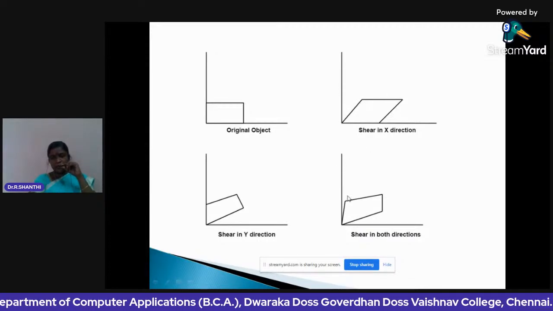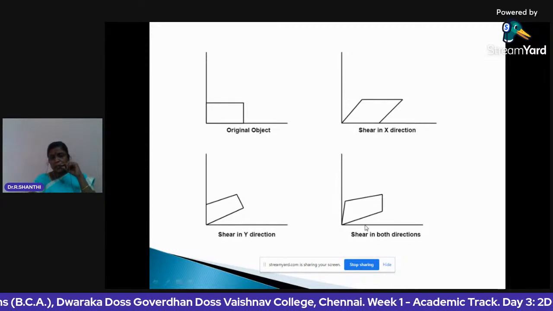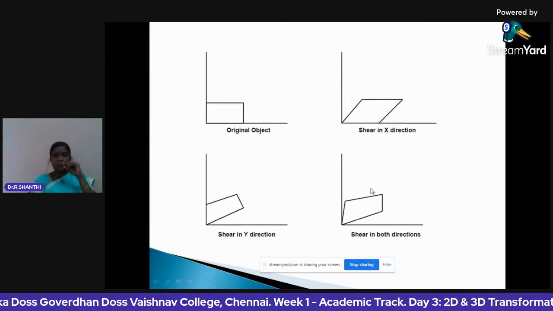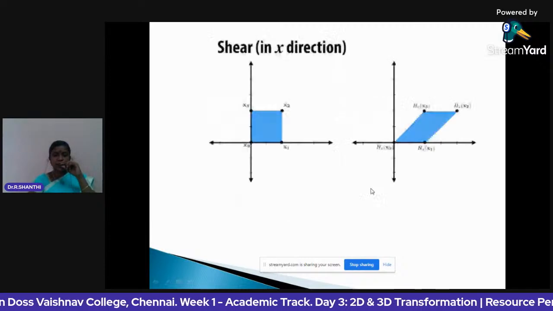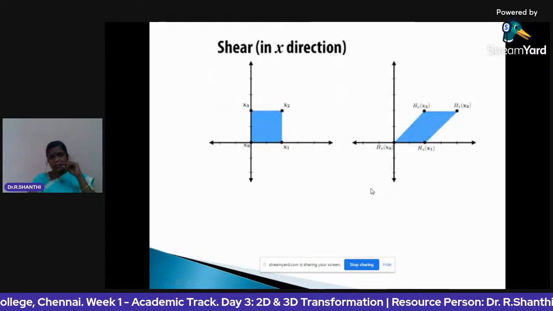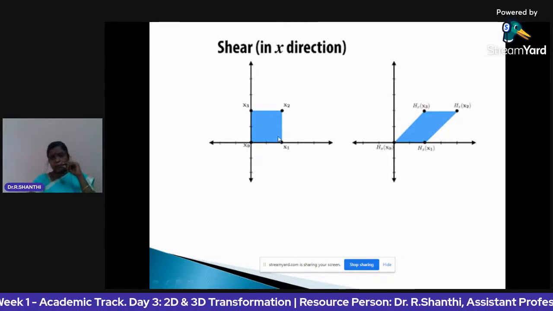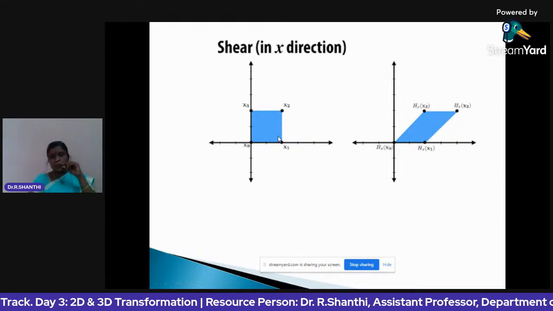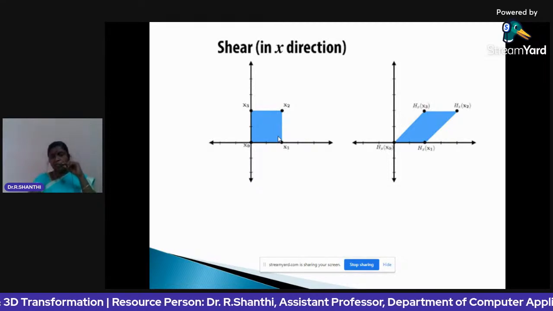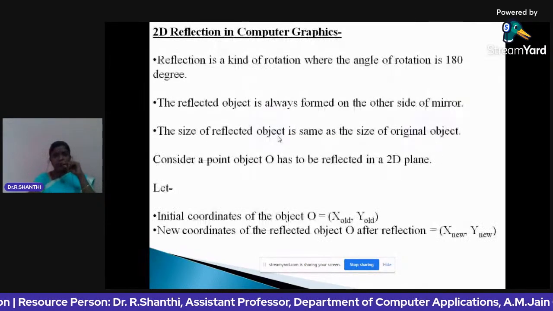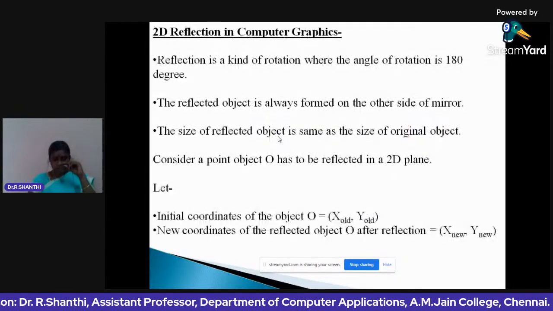Only the x value gets changed here. In the y direction, the x is not disturbed at any cost. Here you are disturbing the object in both, you put together x and y. This is for the x direction, where the object is a square, which seems to appear like a rectangle. It's a parallelogram. Okay, next comes your reflection.